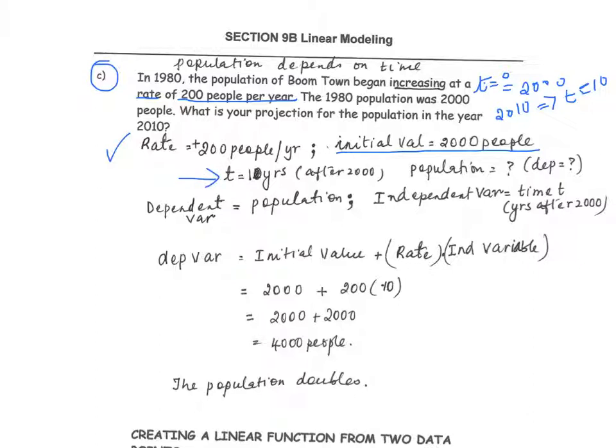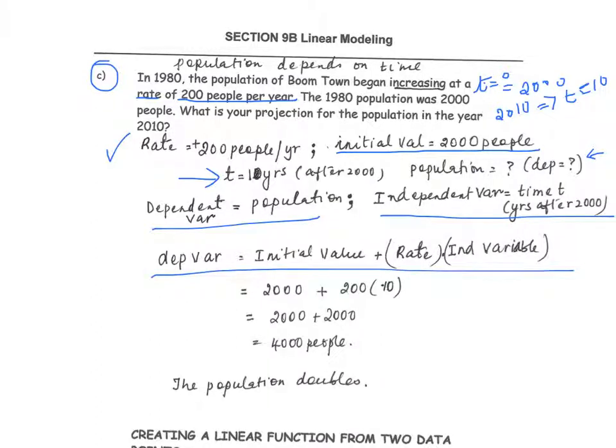What's the population, which means what is the dependent variable? It's clear that the population depends on time. So the number of people depends on the number of years that have gone by since 2000. The dependent variable is the population and the independent variable is the time.